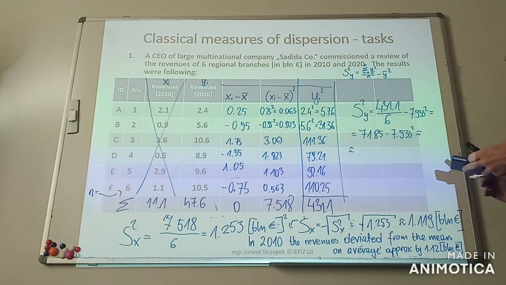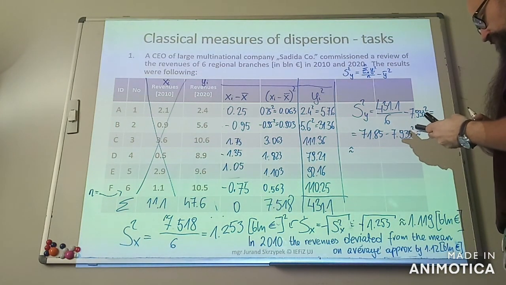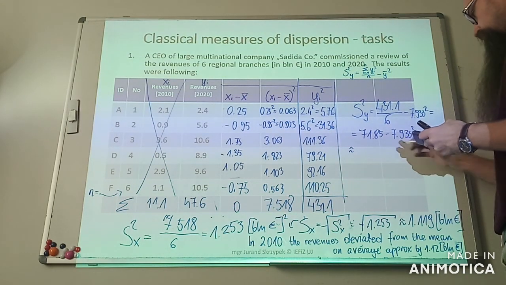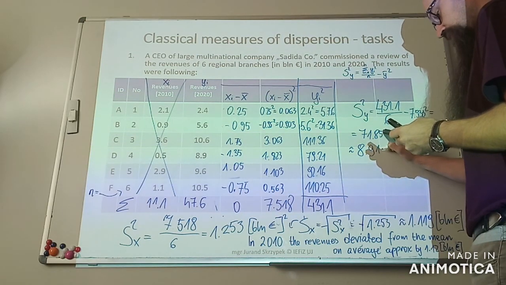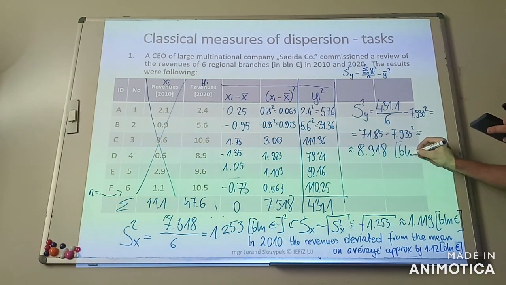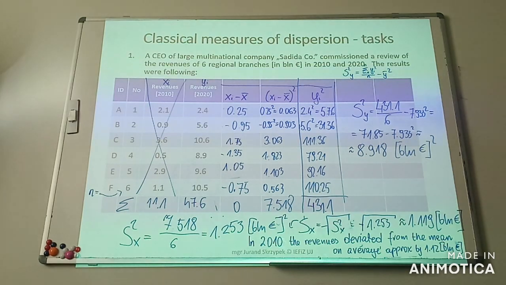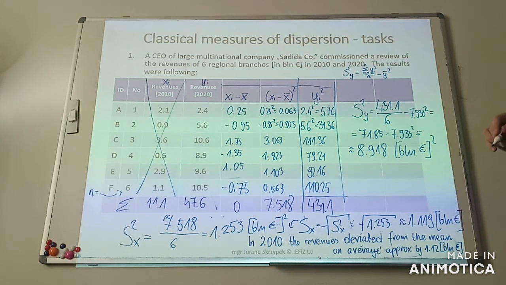So the variance of y is approximately equal to 8.918 billions euros squared. This is the variance of the revenues from 2020.